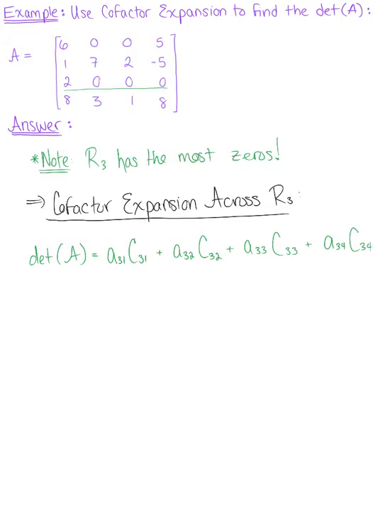And again, the reason we picked this is because these last 3 entries in the third row, second column, third row, third column, third row, fourth column are all zeros.